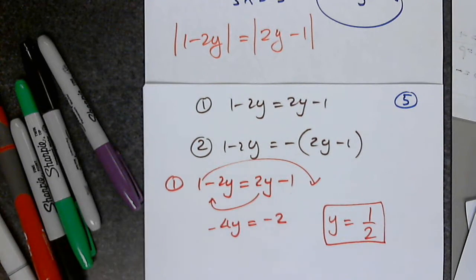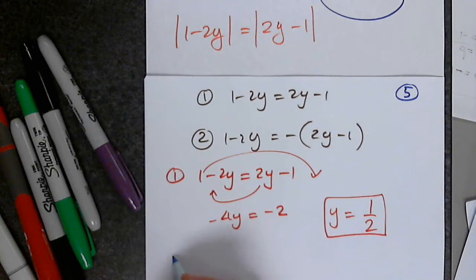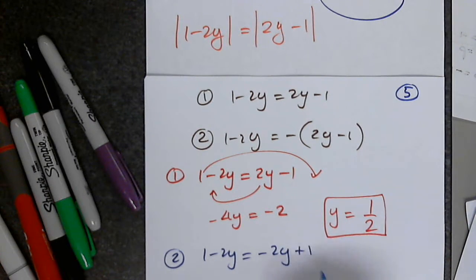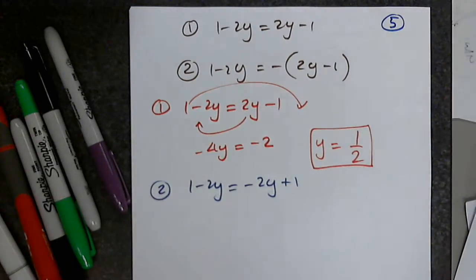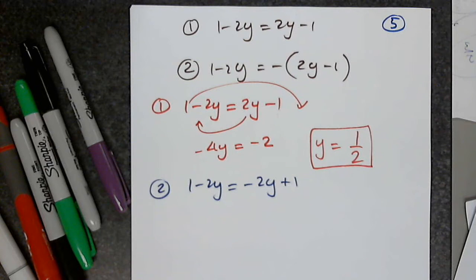Any questions so far? Okay, so now let's solve the second one. 1 minus 2y equals negative 2y plus 1. Any suggestions on this one? I'm getting the book.